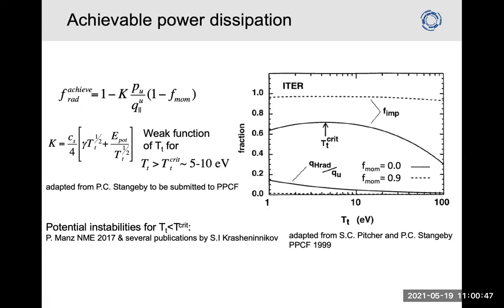So this means your achievable radiation increases with increasing upstream pressure and decreases with increasing upstream power flux. Now, this may be, let's say, not so easy to understand. Why would this be? Can one explain this in more simple words? Why this would depend on these two things? Well, it is possible to do this.